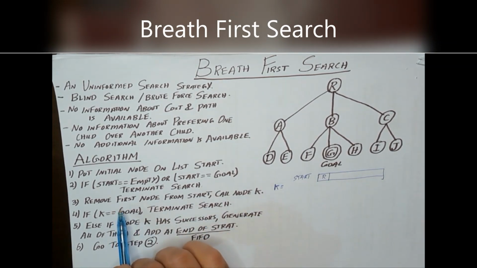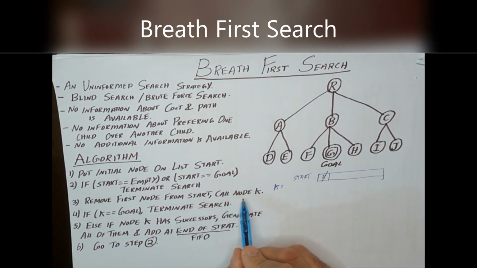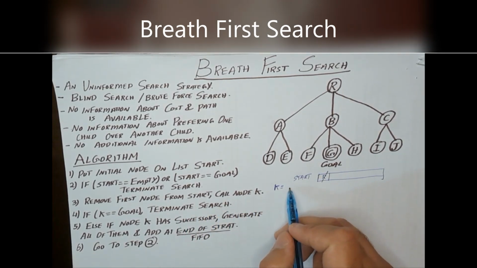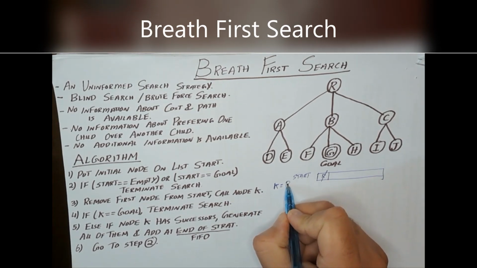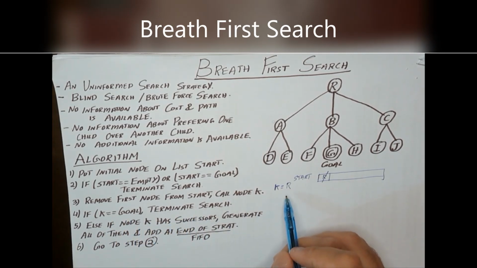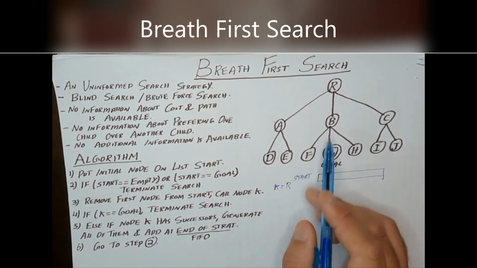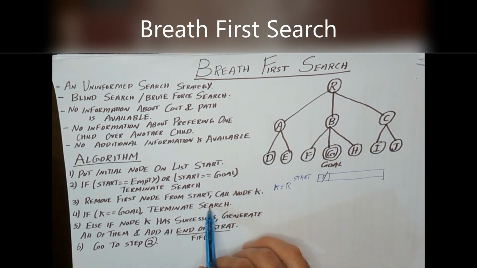Here it is written remove the first node; we have just R, we remove it from there, and we assign this value of R to a new variable named k. Now the fourth one, if k is equal to goal, terminate search. But here we have R and that is not the goal, the goal is G, so we will skip the fourth step. Move on to the fifth step.